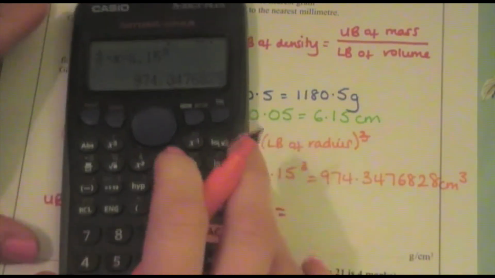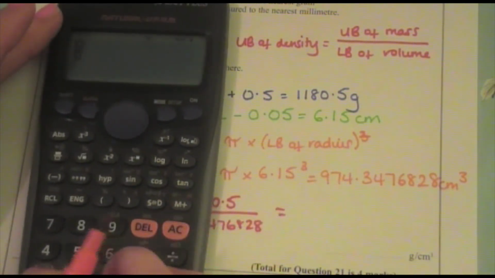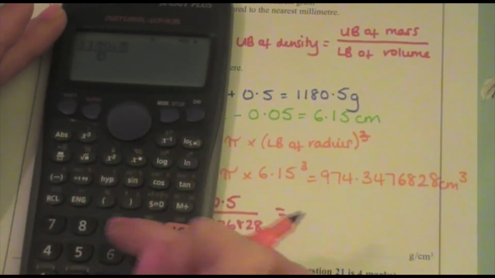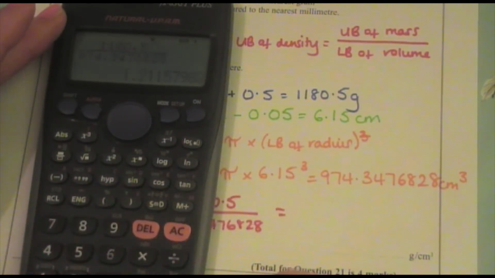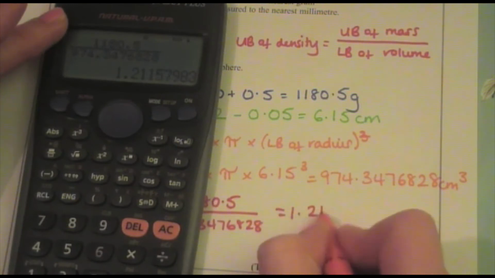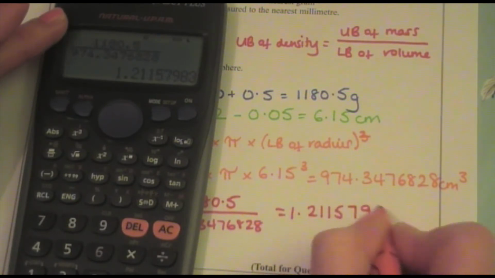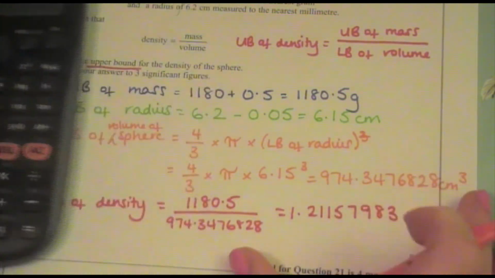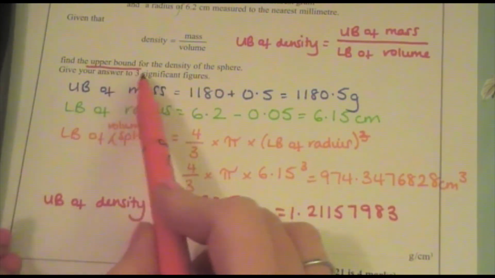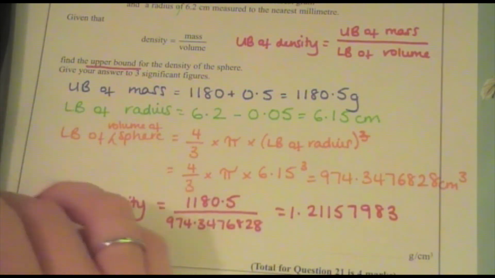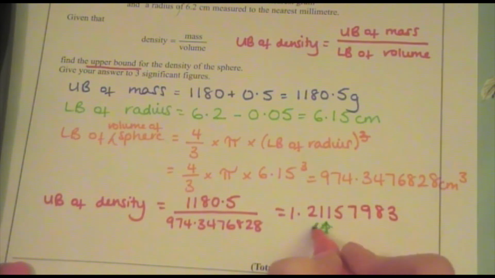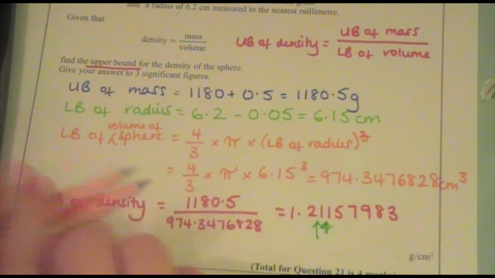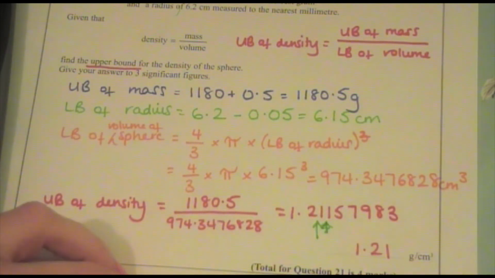If I type that onto my calculator, I get the answer 1.2115793. Okay, now that's quite a long number. If I look back, it tells me to give my answer to 3 significant figures. The third significant figure in this case is this one here. Whoops, no it's not. It's this one. Now that 1 is going to tell me to round down, so I need to round it to 1.21.